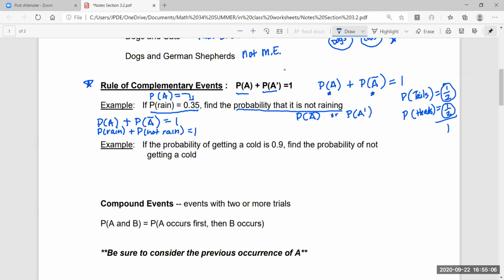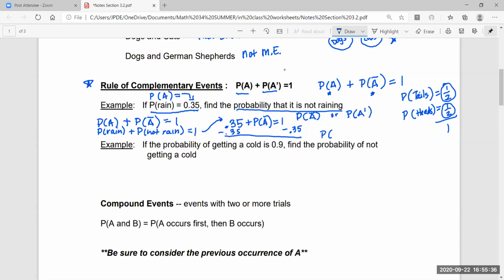Well, if we want to continue with this, the probability of rain is 0.35. The probability of not rain, we don't know, but this equals 1. Now, I know a lot of you can just look at that and see that it's going to be 0.65. We can also use algebra to subtract the 0.35 from each side.